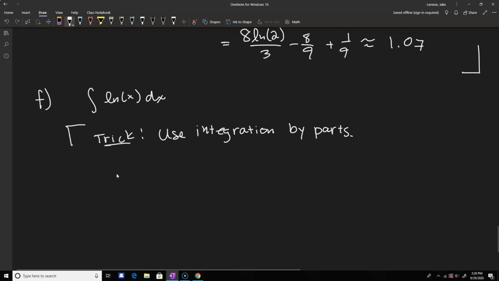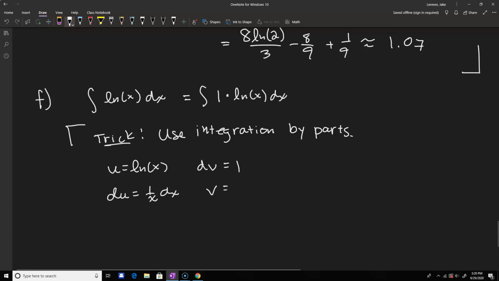So how do we do that? Well, we think of this as the integral of 1 times the natural log of x. And we're going to let, again, u be the natural log of x, and we'll let dv be equal to 1. So that would make du equal to 1 over x dx, and v will just be equal to x.